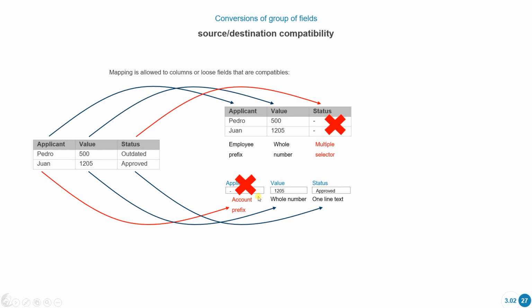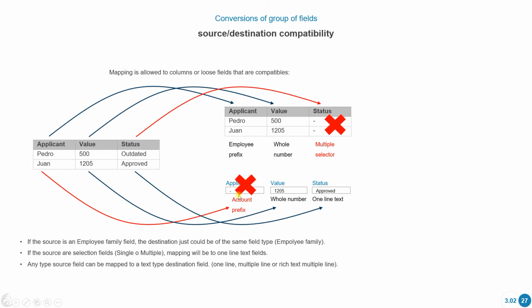So we also want to use maybe a different type of field in the destination because we're not going to be able to map prefixes of different types of families. So as it says here, if in the source there's an employee, in the destination we can only select an employee, so a prefix of the same family.